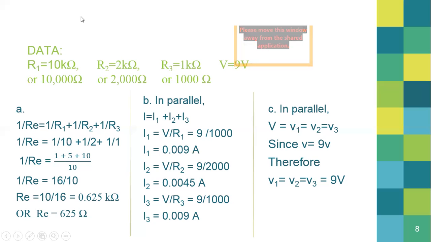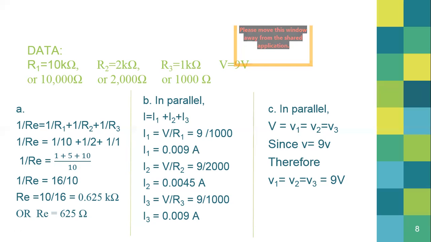I am using kilo ohm because it is easy to take the LCM in kilo ohm. After getting the answer, we will convert it into ohm. 10 is the LCM: 1 plus 5 plus 10 is 16, so we get 16 upon 10. This is the value of 1 upon Re.